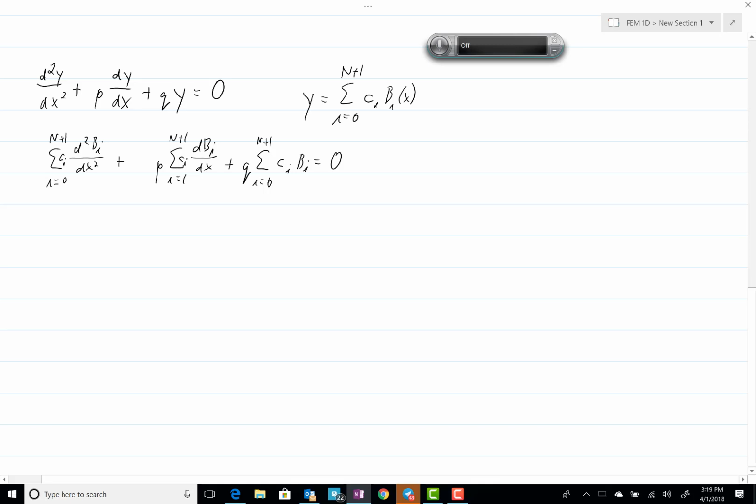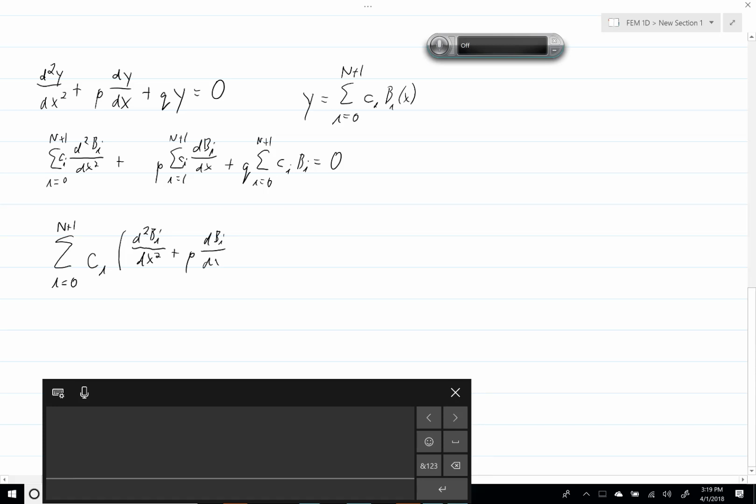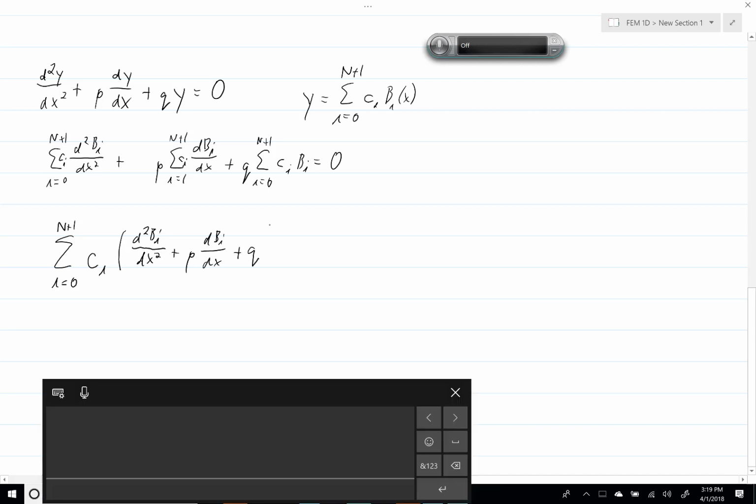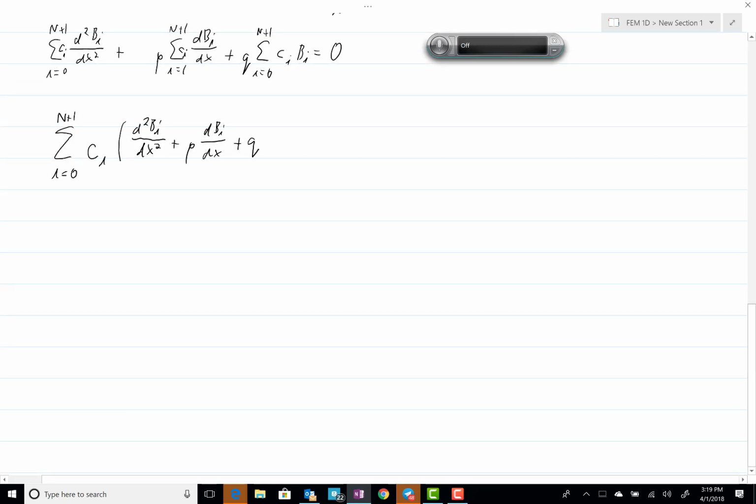We can have this as the summation i equals 0 to n plus 1 of c_i times d squared b_i dx squared plus p db_i dx plus q b_i is equal to 0.